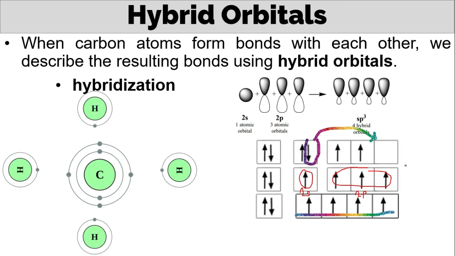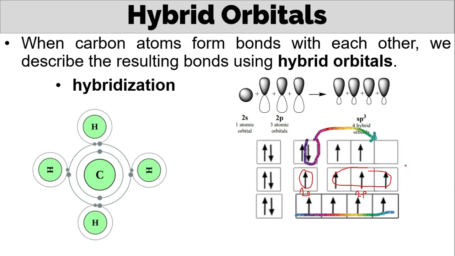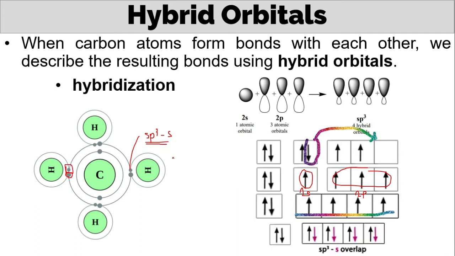They will bond to four hydrogen atoms to have an octet. And we know that hydrogen has an s orbital. So when they bond, they will now have sp3-s overlap. This, actually, we have a name for that. We will discuss it later. In the orbital diagram, it looks like this. So this pink one is from the hydrogen.